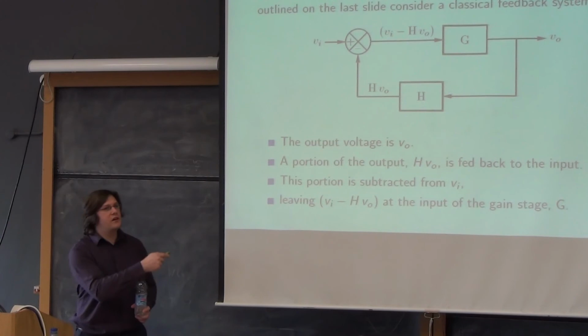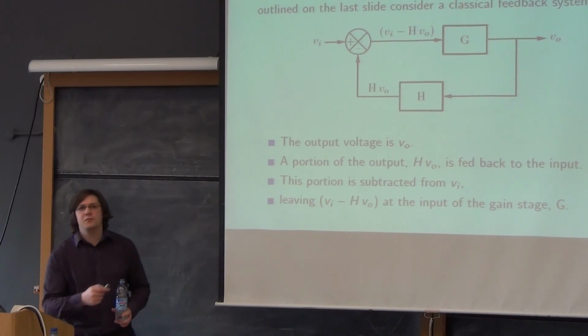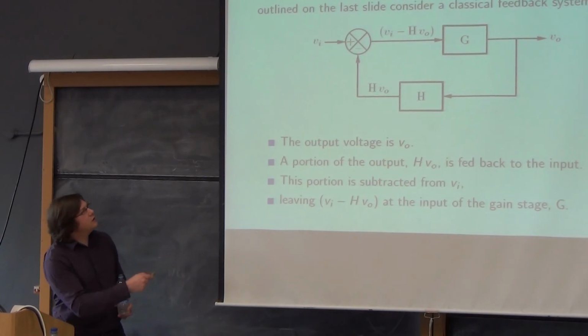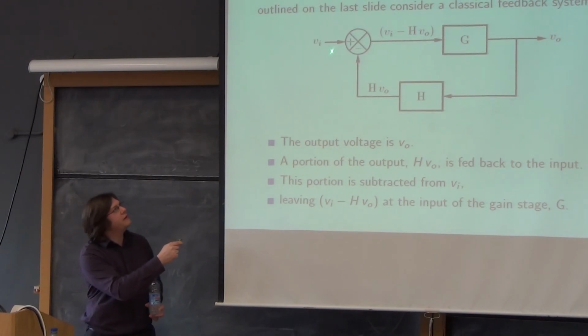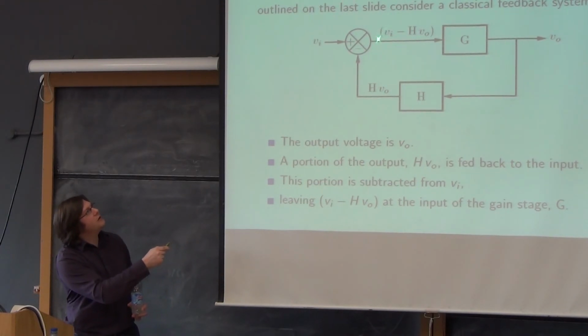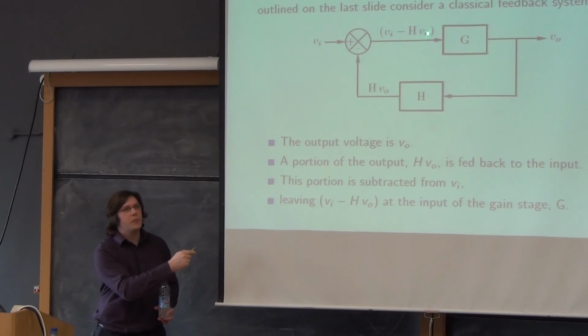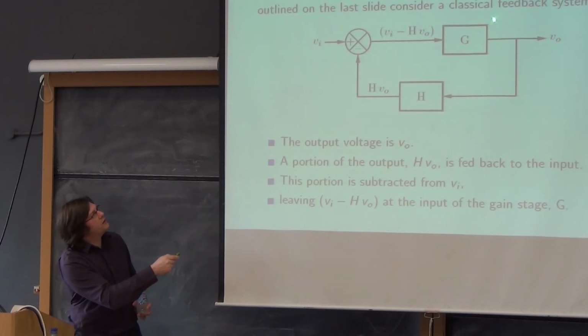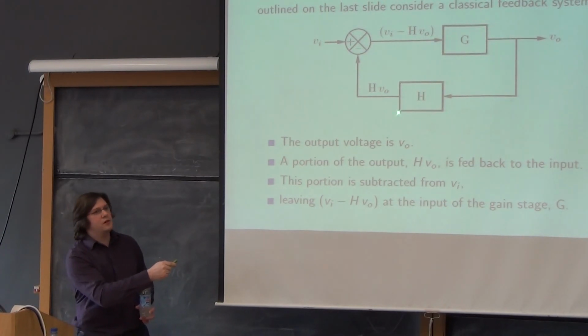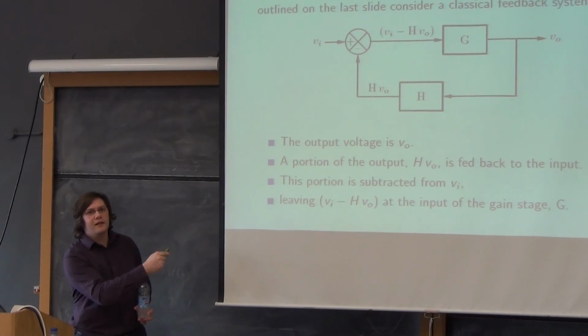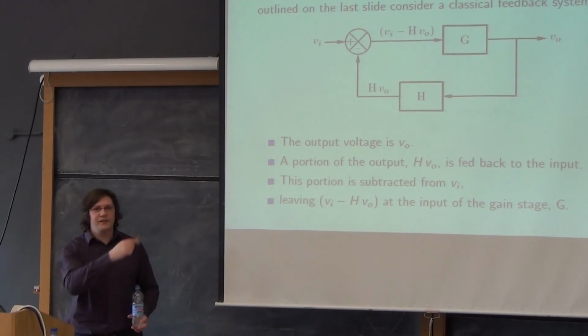So you can think about it as a dividing thing if you want to, or multiplying or whatever. So we'll do H times VO, and we'll subtract that from whatever we had originally. And what we'll end up with here is an error term, which will be the difference between what we put in and H times our output. And this lot will get multiplied by whatever happens in G. So this could be times 1,000, this could be divided by 10, in which case this is bigger than that.